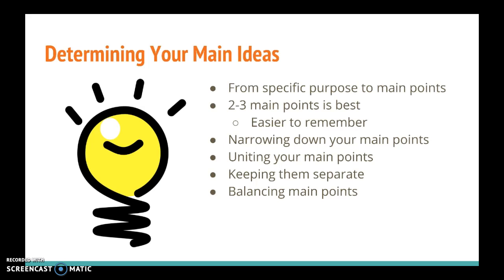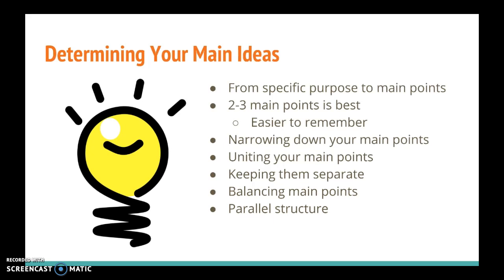But when you're spending too much time on one of your main points, it makes the others seem like they are not as important or that they are maybe inconsequential. And that's not what we want. We want to make sure that each of our main points is just as important as the others in order for us to achieve our specific purpose.